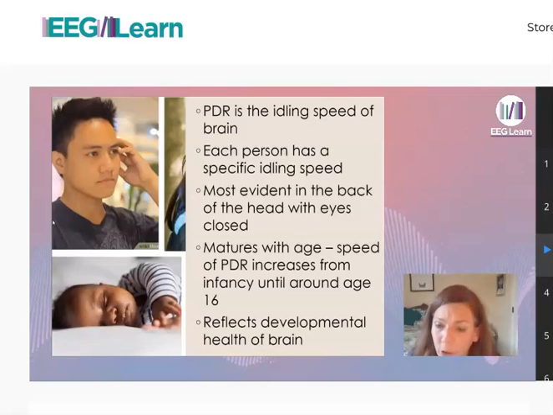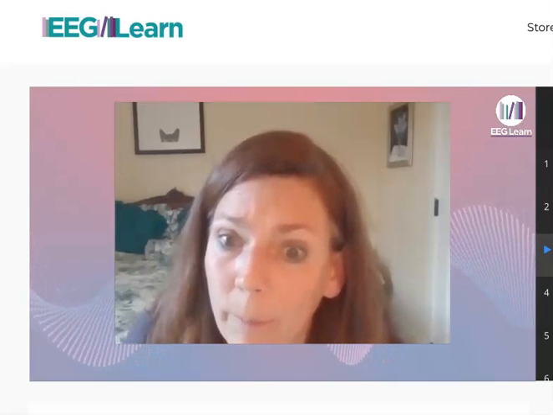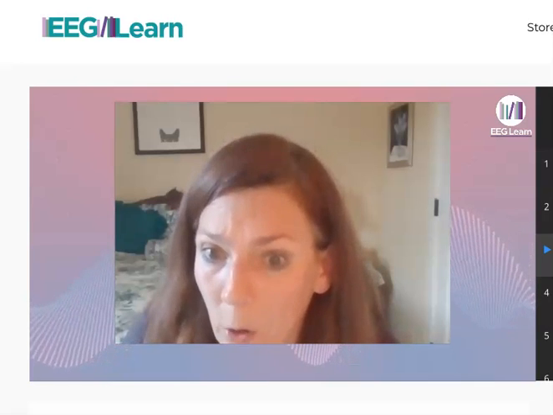But anyway, your PDR, your posterior dominant rhythm, reflects the developmental health of your brain. When neurologists do a medical EEG, that's one of the first things they look at. They want to see if the PDR is consistent with the person's age. When people start to develop dementia, their idling speed slows way down.